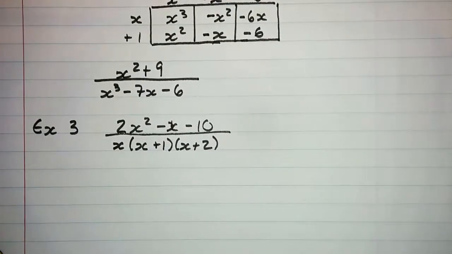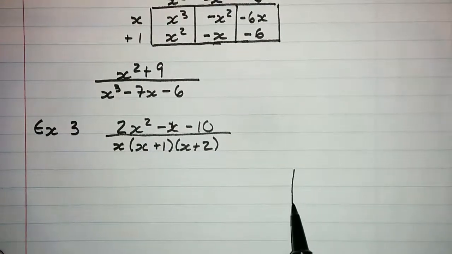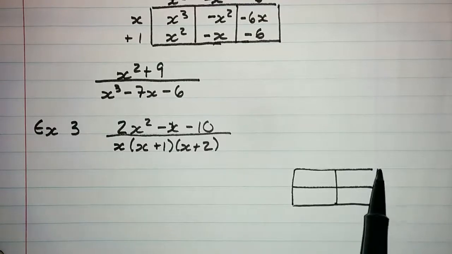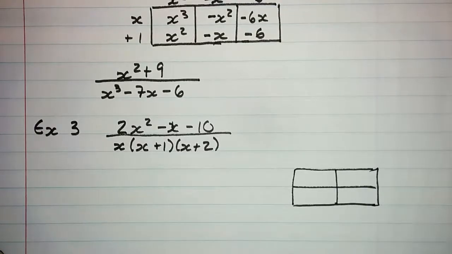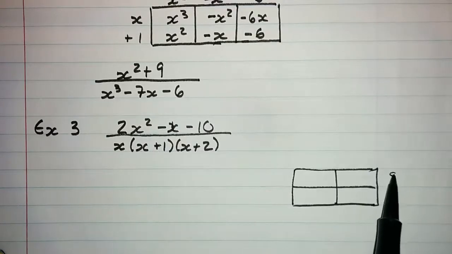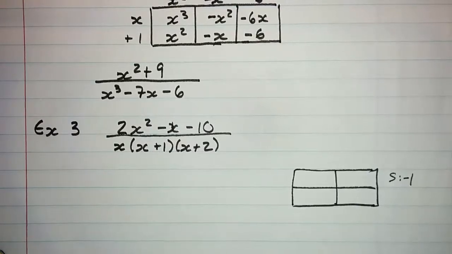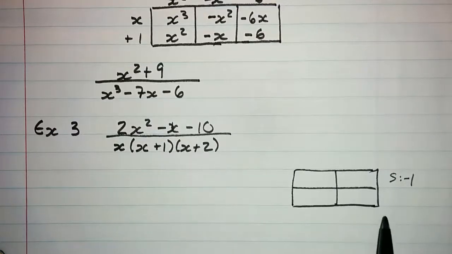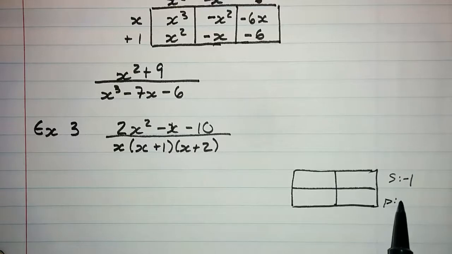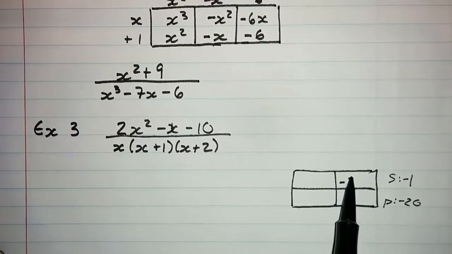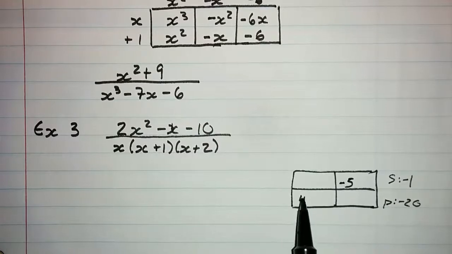All right, to factor my numerator, I'm going to need to split up my middle term. How will I split up my middle term? I'll need two numbers whose sum is negative 1 and whose product is 2 times negative 10, which is negative 20. I think the two numbers that will work for me are negative 5 and 4.